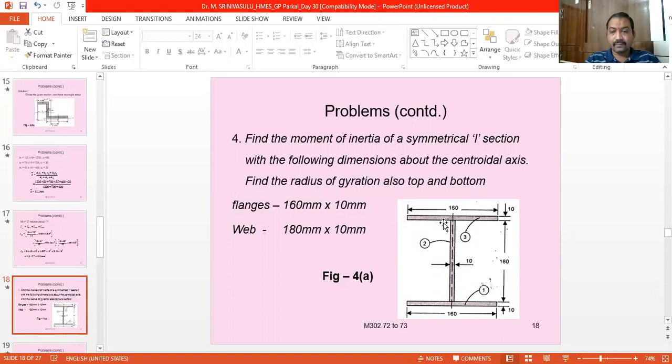Here the bottom flange, rectangle 1, and the top flange, rectangle 3, are both similar, so we can find the moment of inertia of only one and add the other also. Starting from the bottom, this is rectangle 1, rectangle 2, rectangle 3.